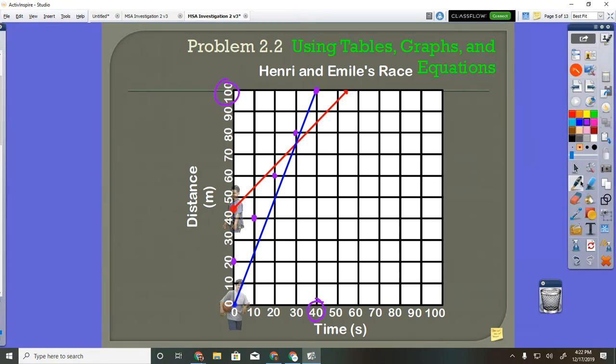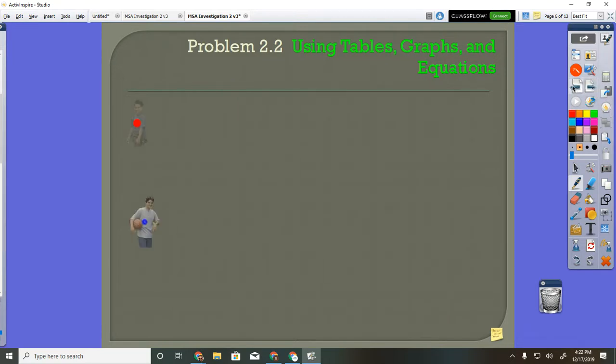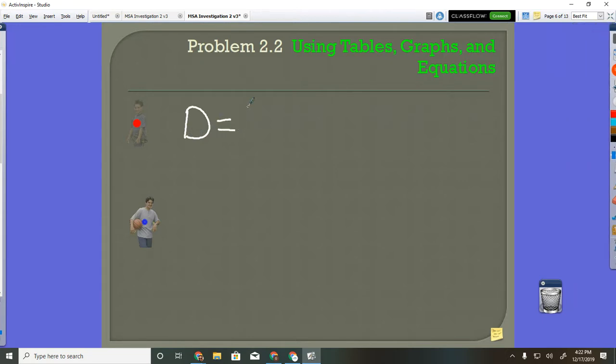So in addition to the graphs today, it was important that we get to the equations for all three people. Let me switch screens here real quick. And let's talk about the equations. So the equation for Henry's distance equals 1 meter per second times his time plus 45.